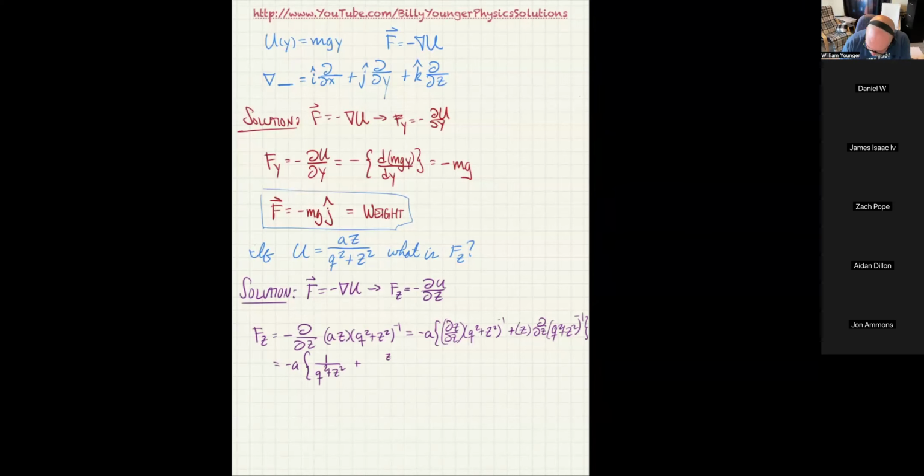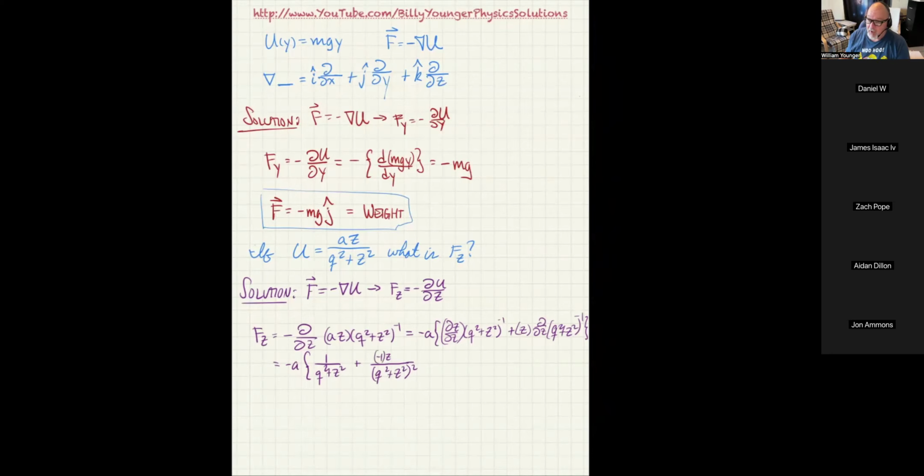That would be a negative 1 times q squared plus z squared raised to the negative 2 power, so it's now in the bottom, and it's squared, because when you take the derivative, you subtract 1 from the exponent. So that gave us a negative 2. But I also had to multiply by the negative 1 that was the exponent initially. So I get a negative 1 times z there.